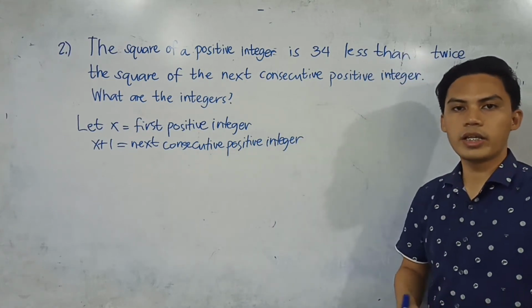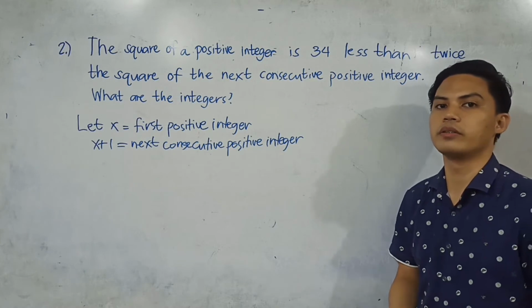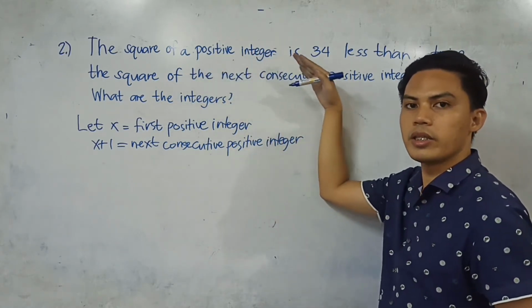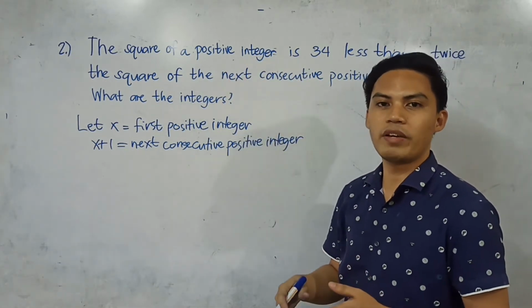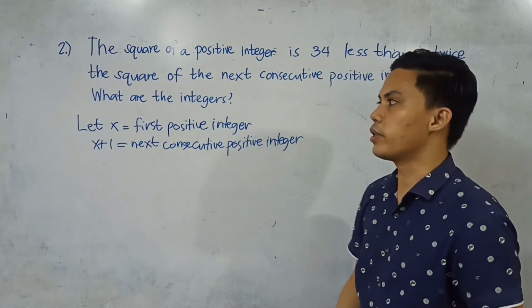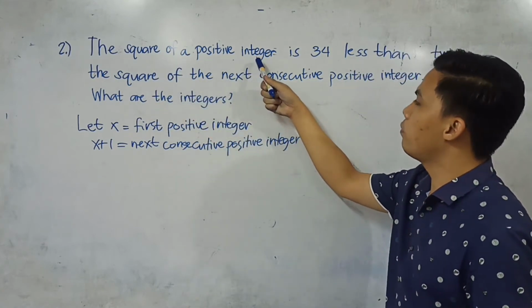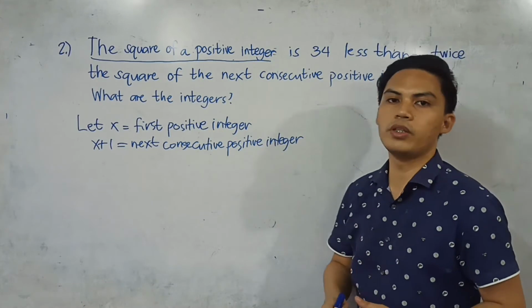Okay. The next step that we're going to do is to formulate the equation. Okay. So, pag-formulate ng equation, babasahin lang natin yung sentence natin or sentences natin. Then, word by word, we're going to translate the verbal phrases into mathematical phrases. Okay. First, the square of a positive integer. Okay. Dito lang muna tayo. The square of a positive integer.